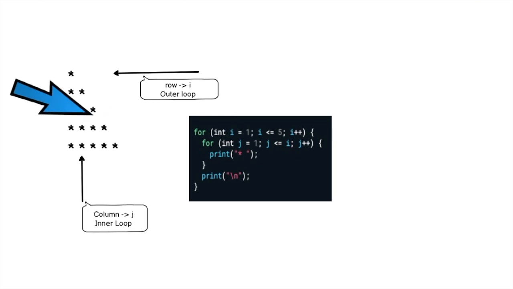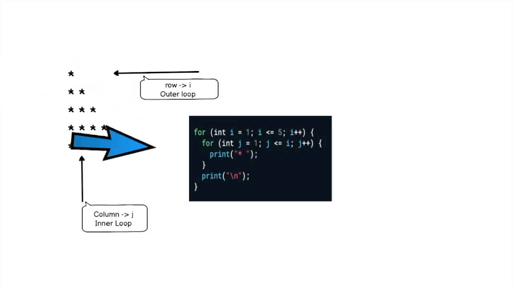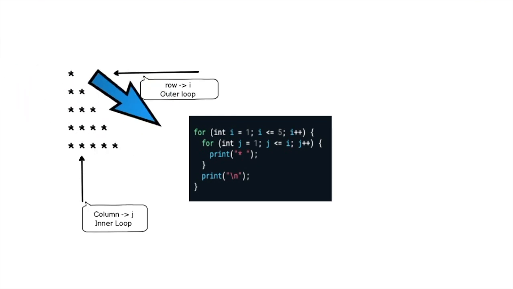If we take a look at this, the outer for loop will always stay the same, so we can forget about it. On the second for loop, on the first iteration we need to print 1 asterisk, on the second iteration 2, on the third 3, on the fourth 4, and on the fifth 5.